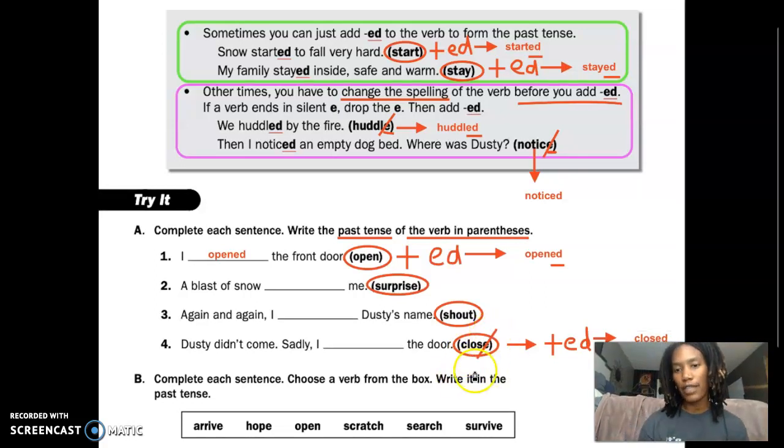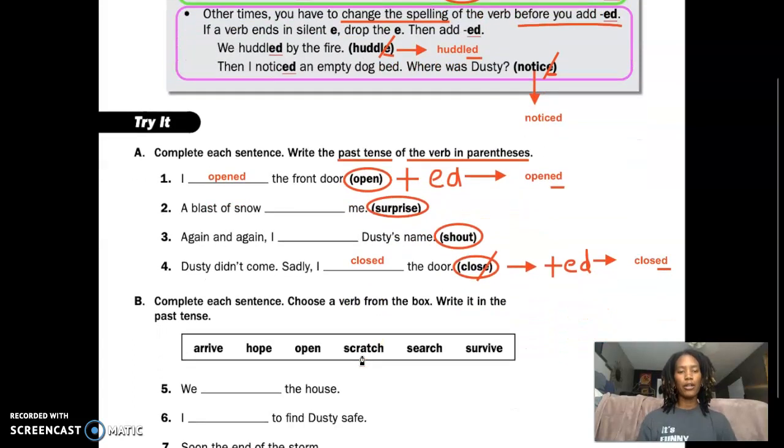Because I took off this E and then I added ED. All right, so I'm going to take this, copy, paste, and put it there.